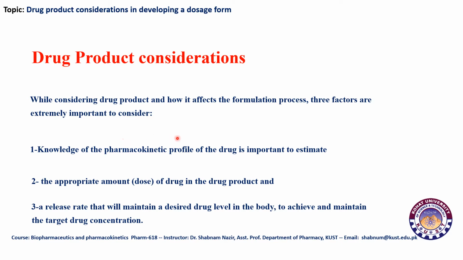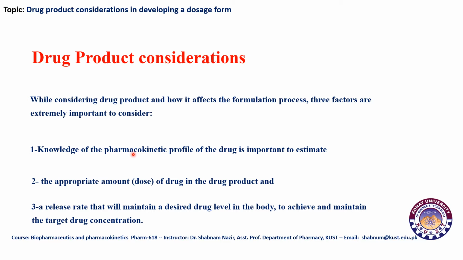Because what is pharmacokinetics? It is the kinetics of absorption, metabolism, distribution, and elimination, which might include the excretion process and the metabolites elimination process from the body, or the biliary excretion process as well.